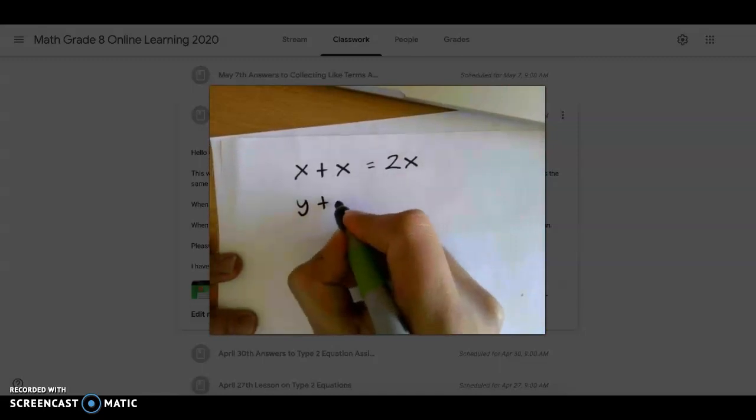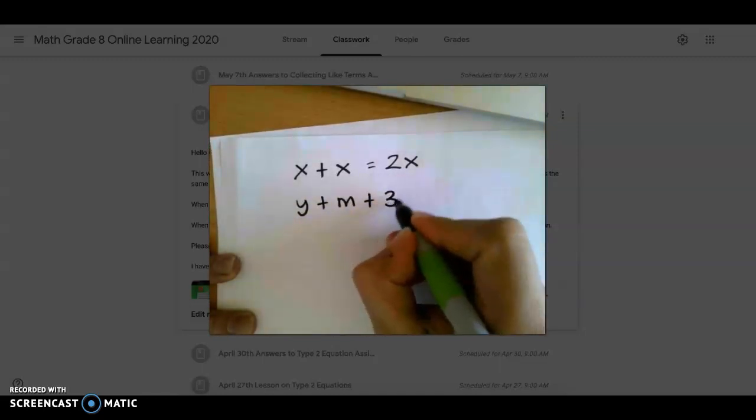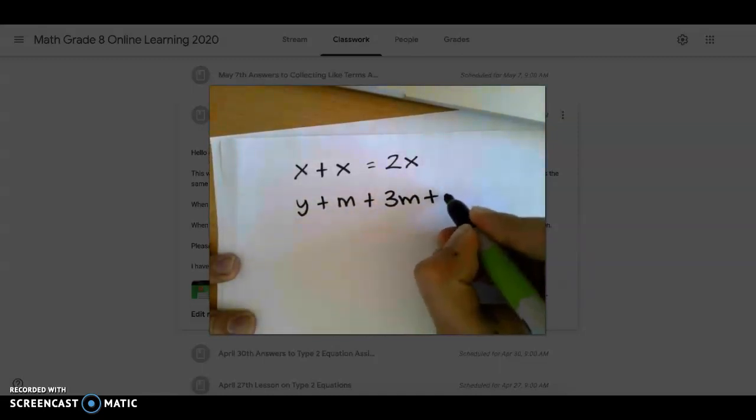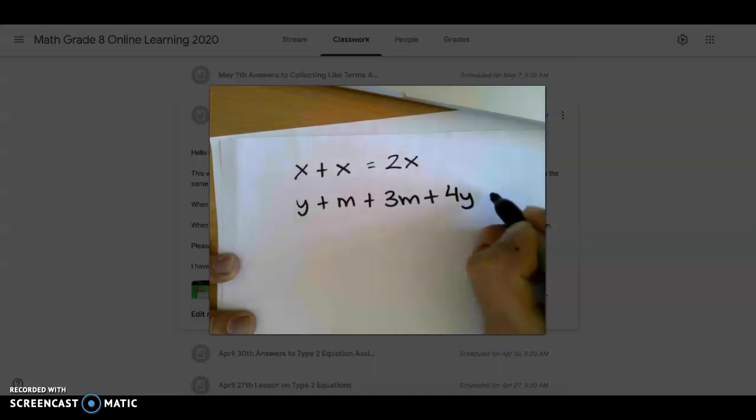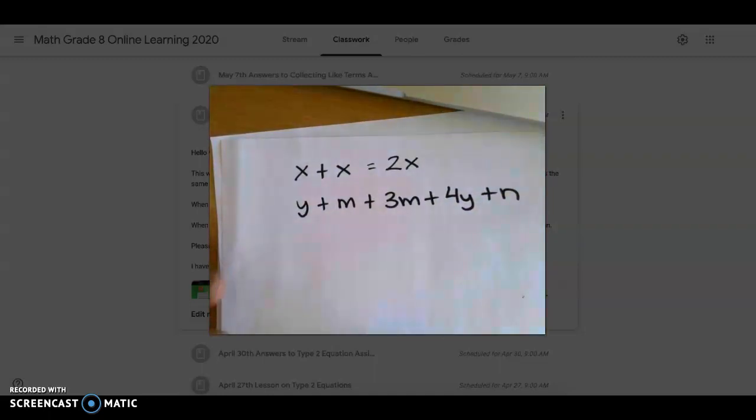y plus m plus 3m plus 4y plus n. Now we need to collect like terms, right?